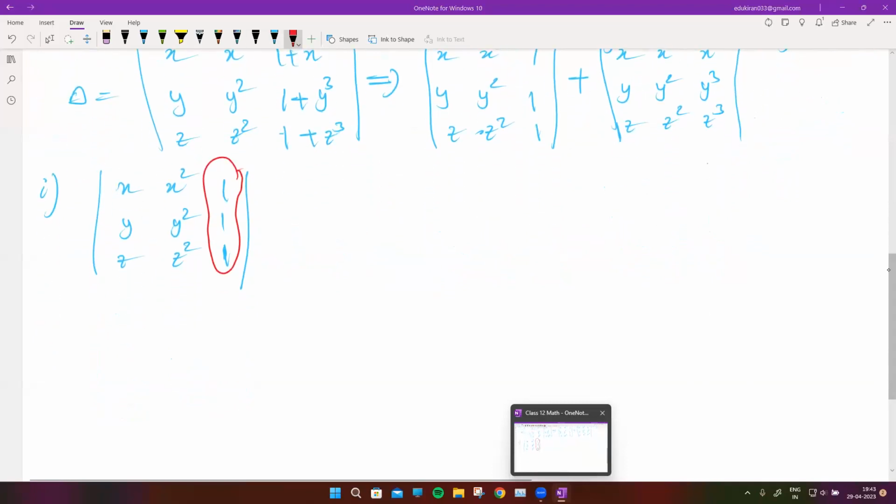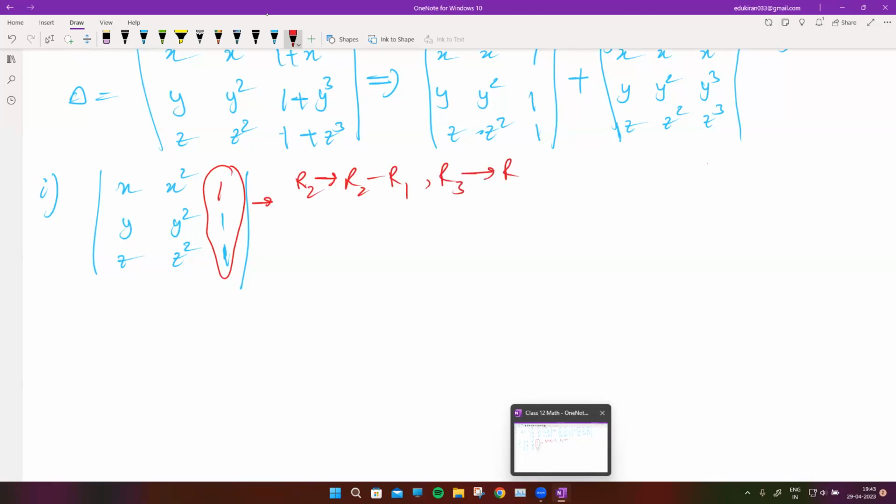Okay, I can solve it in two ways. First way is what we have talked about earlier, that I can apply these two rules. So I will use this one to change these two ones. I will change row 2 to row 2 minus row 1, and I will change row 3 to row 3 minus row 1.